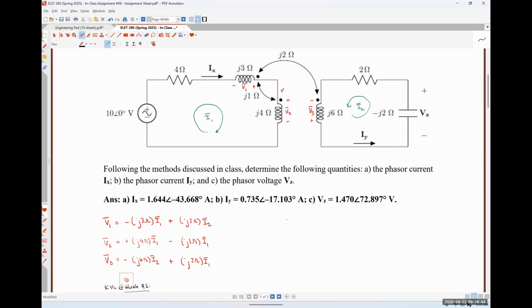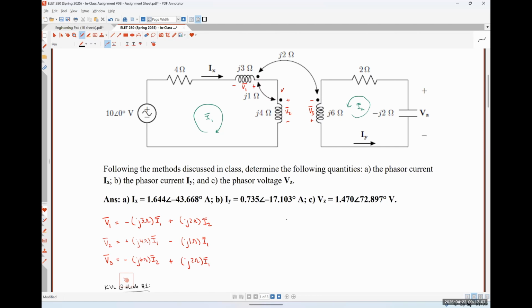I'm going to choose to ignore that voltage VZ that we're ultimately solving for. I'll get around to that towards the end. But right now, if it's not one of my mesh currents or one of the voltage drops across my coils, I'm just going to pretend those things don't exist until the end.